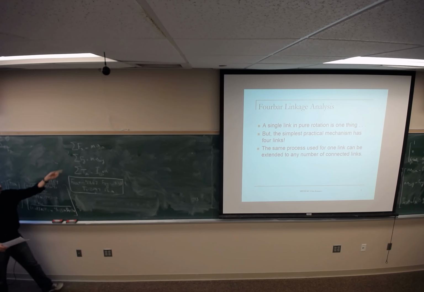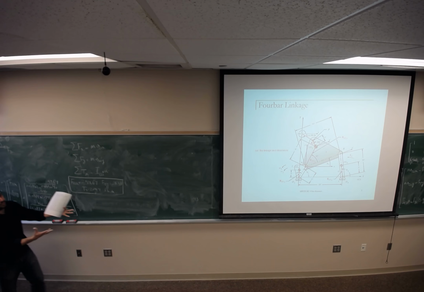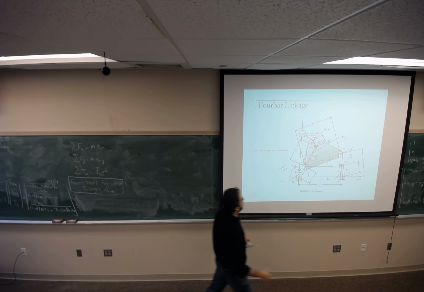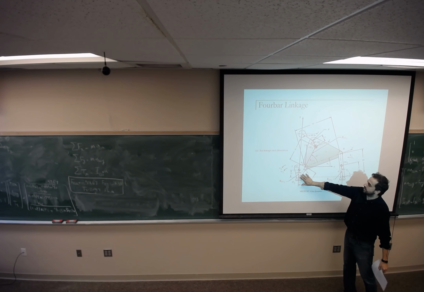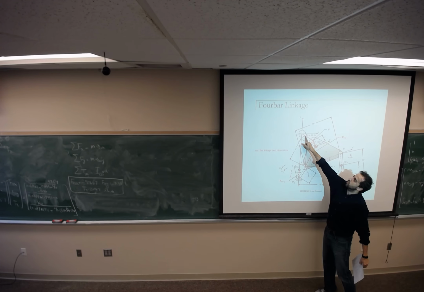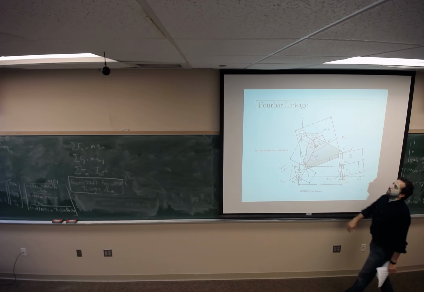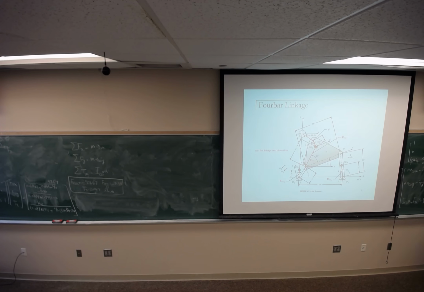So we are going to have only three sets of equations for three moving links. This is the general form of a four-bar mechanism. One is ground, this is link 2, link 3, link 4. You can have some external force applied to link 3, link 2, or link 4. I just have an external force applied to this point.